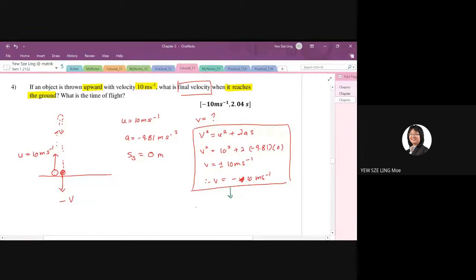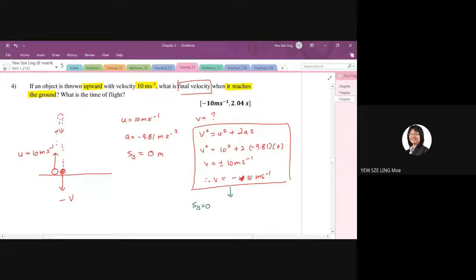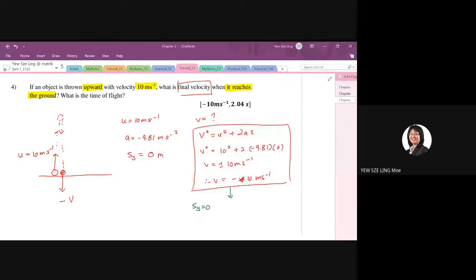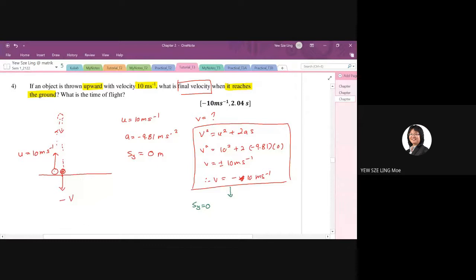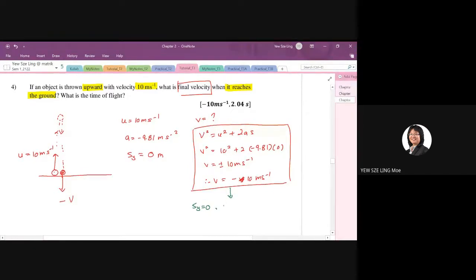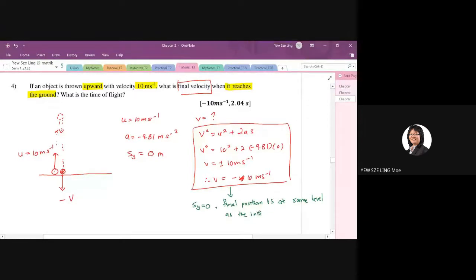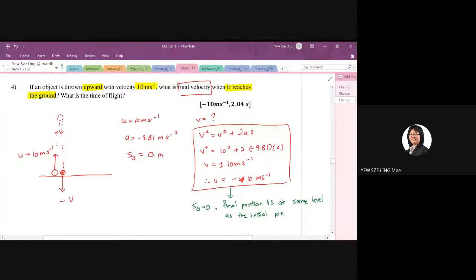Because your SY is equal to 0, the object is now at the same level as its initial position. So the final position is at the same level as the initial position.